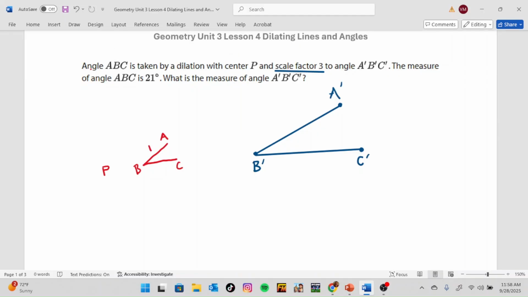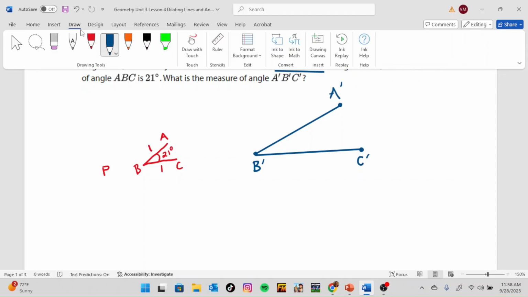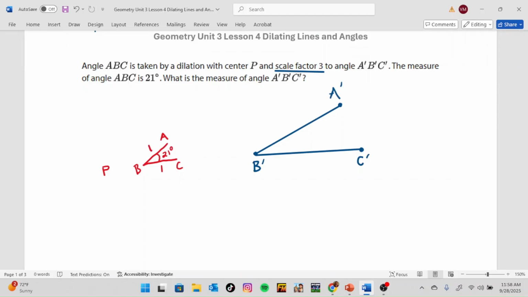So maybe we say that this was 1 and this was 1, and the angle in here was 21 degrees. Well, when I extend everything by a scale factor of 3, then the top line goes from being 1 unit to being 3.